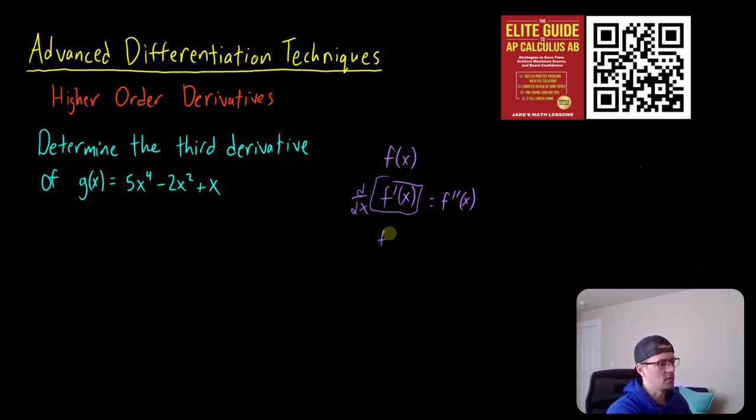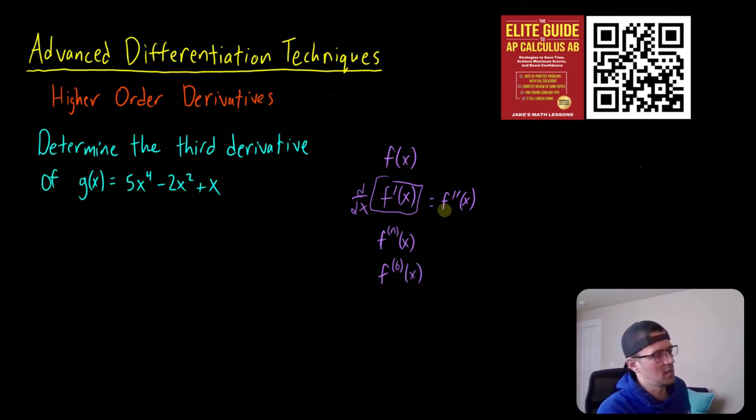So, a notational thing: let's say we wanted to find the nth derivative of a function. That would be denoted as f with this little n, or whatever the number is, in parentheses. So let's say we wanted the sixth derivative, for example. That would be written like this. That would show you the sixth derivative of f.